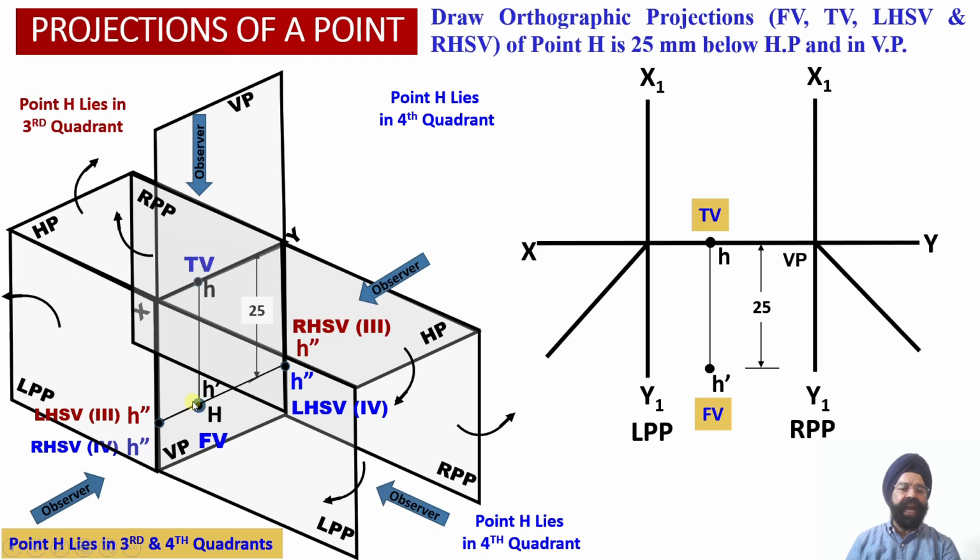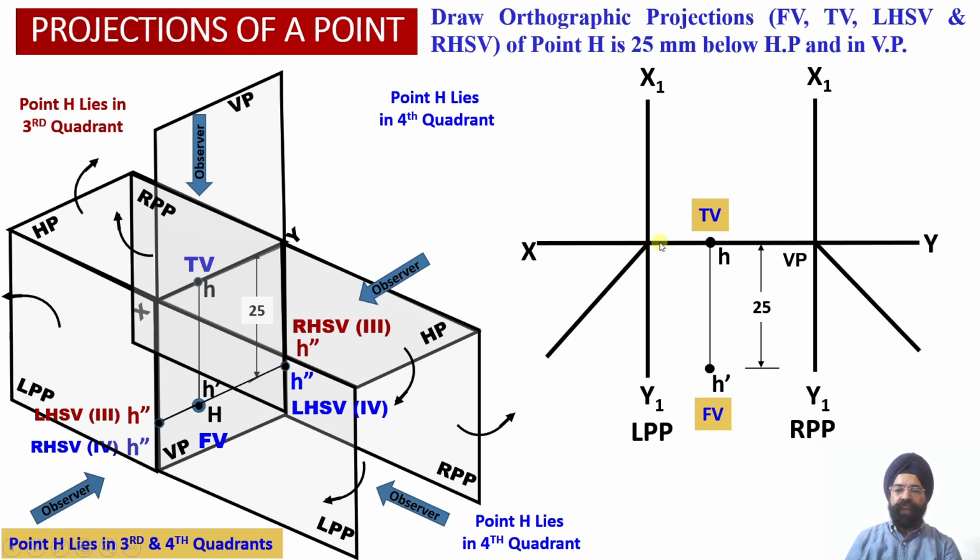As we know, this point H is contained by the vertical plane, so this point H will be located at a zero distance from the vertical plane. Now from this point H, which is located onto the XY reference line at a zero distance from the vertical plane, we have drawn a horizontal projector line up to this transfer line, which is located into the left profile plane over here.